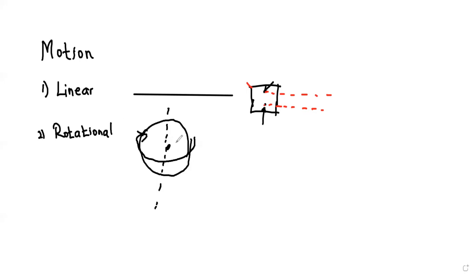Likewise, in rotational motion, if we consider many particles in the same body, each particle is going to rotate about the same center. The center is going to be the same, but the radius might be changing.